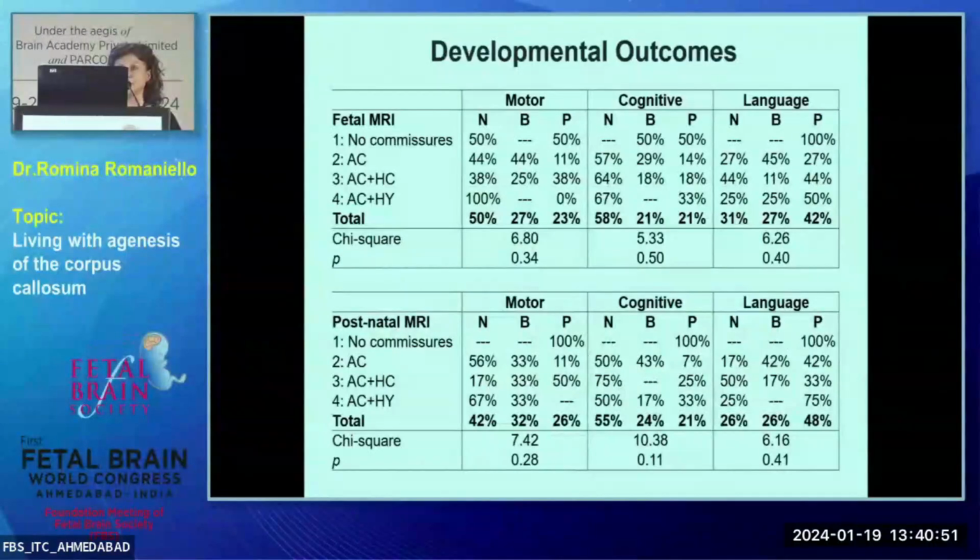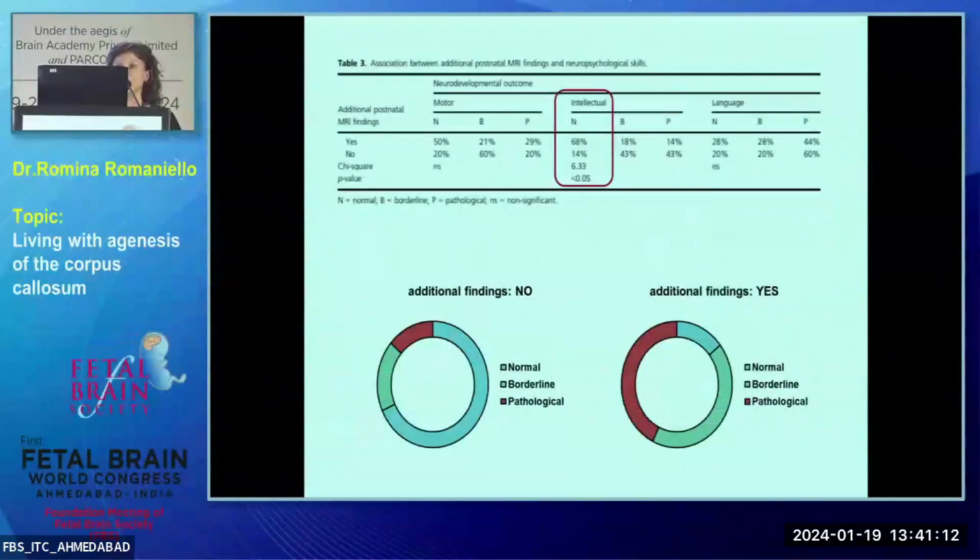And there is a correlation between developmental outcome and fetal MRI and postnatal MRI classification, and no significant data were observed in this correlation. The only significant correlation is between the presence of cognitive impairment and the presence of additional postnatal MRI findings.